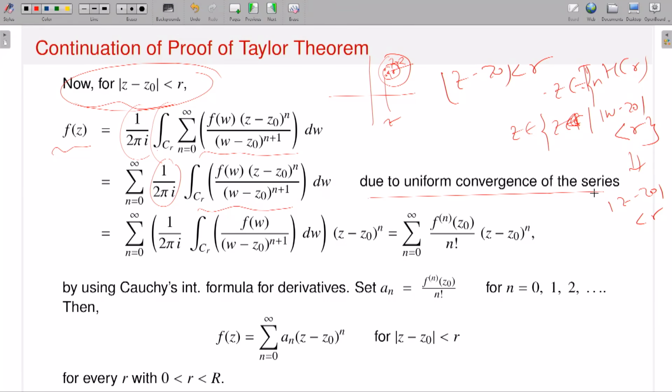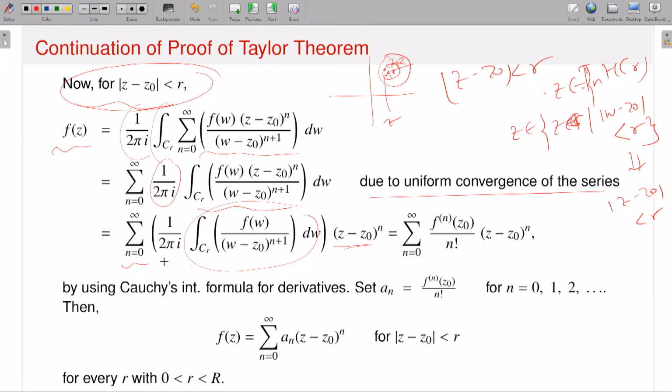So now the next part is just to write it. This is the sum over n from 0 to infinity of 1 by 2 pi i times the integration over CR. Since the integration is over W, I am just separating the two variables W and Z. So the integration of f of W divided by (W minus Z0) to the power n plus 1 dW I keep as it is, and just take out (Z minus Z0) to the power n. So this is (Z minus Z0) to the power n.